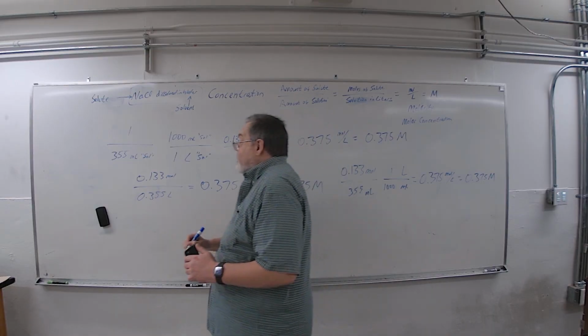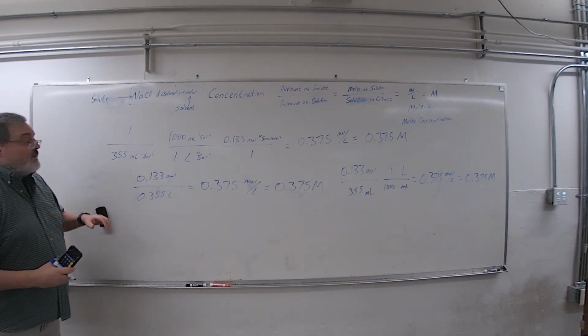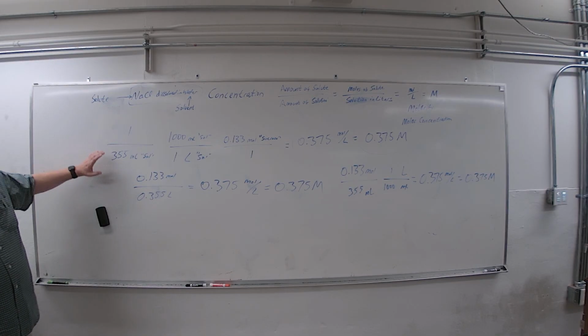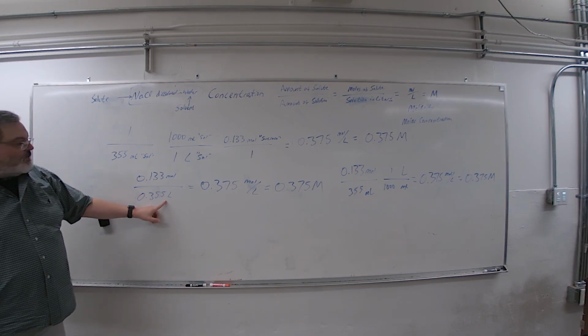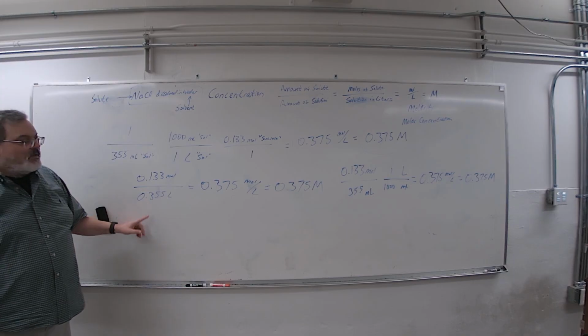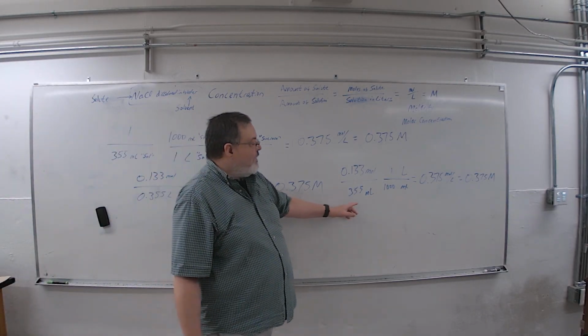So whichever way you like to do it. I always think in terms of units canceling, but maybe that's going a little too far, because I mess up plenty. This is a very simple way to do it. If you're given it in milliliters, you just move the decimal place 3 times. And this is a little more formal.